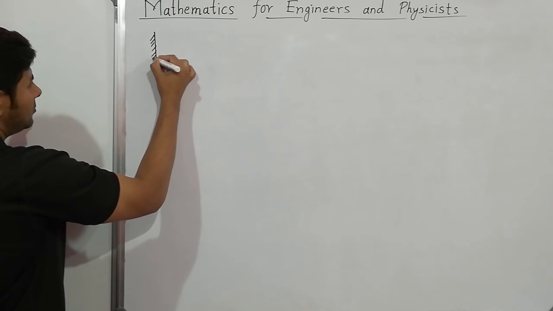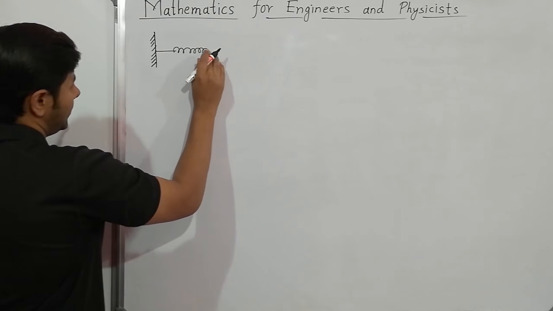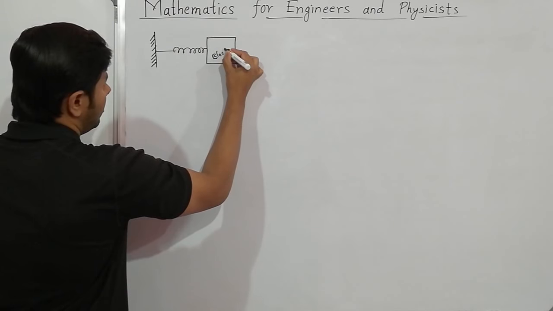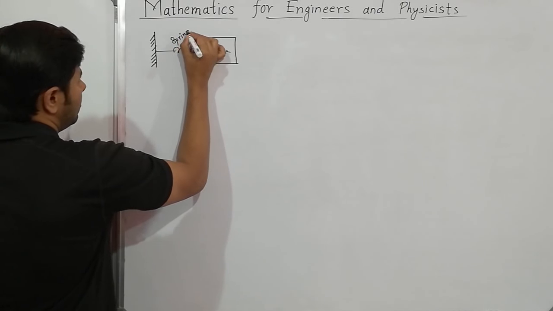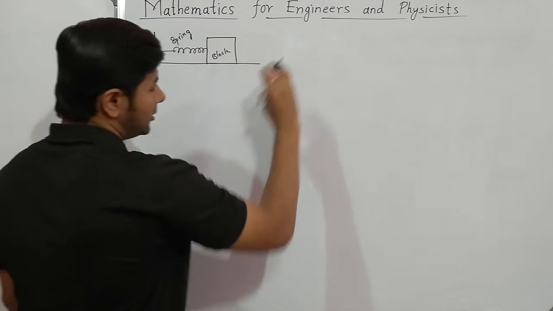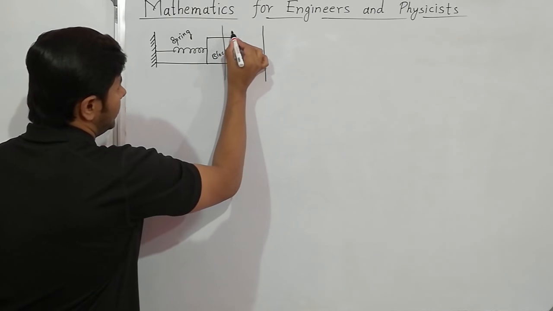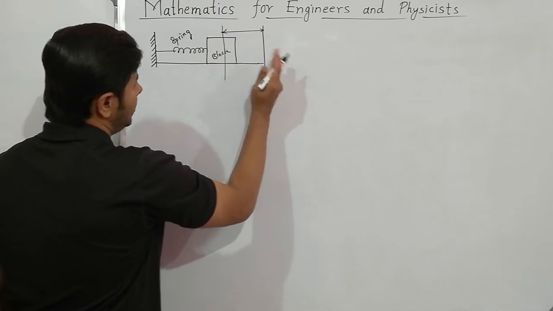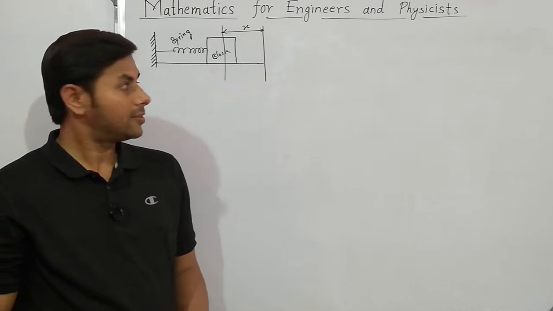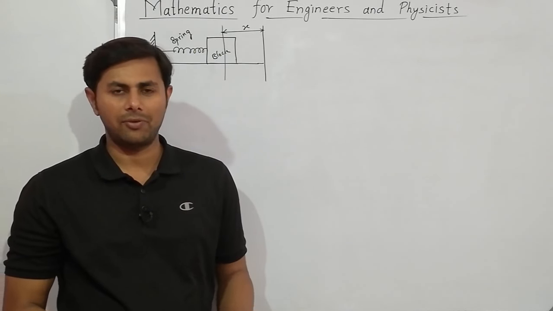Suppose we have this rigid support. This is a spring. It is connected to this block. And now suppose we displace this block by some distance. So the block goes from here to here. X is the displacement. So in this case, the spring is elongated and a restoring force is developed in the spring.